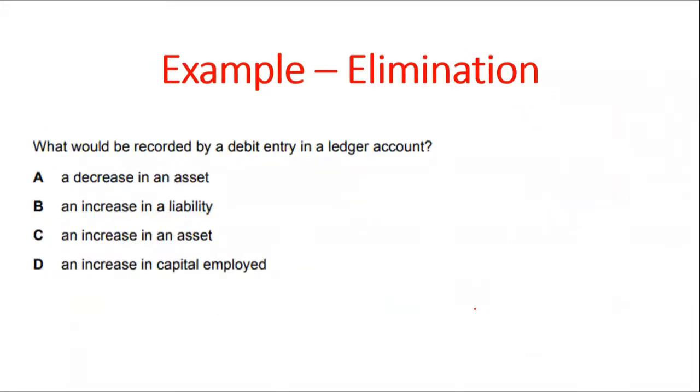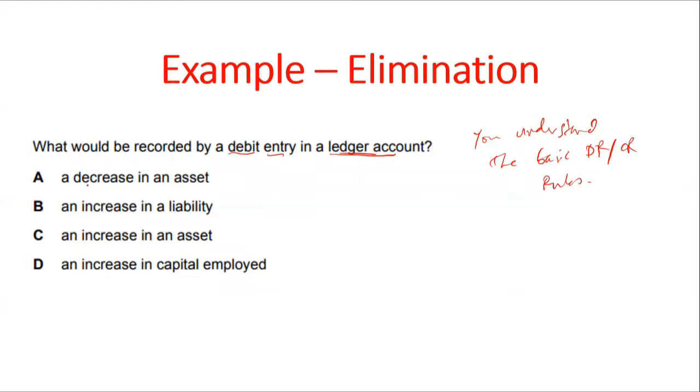Let's look at an example of using the elimination method here. Let's read this multiple choice. What would be recorded by a debit entry in the ledger account? Let's look at the options, and you will be eliminating some of the options which are incorrect. Assuming that you understand the basic debit and credit rules, you will be able to eliminate some options here.